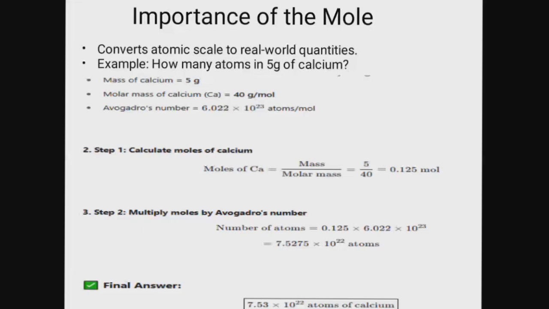So to find the number of atoms in these 5 grams of calcium, we multiply the moles we got by Avogadro number to get our final answer. When we do the calculation, it will give us, if you approximate it, 7.5 exponential 22 atoms.